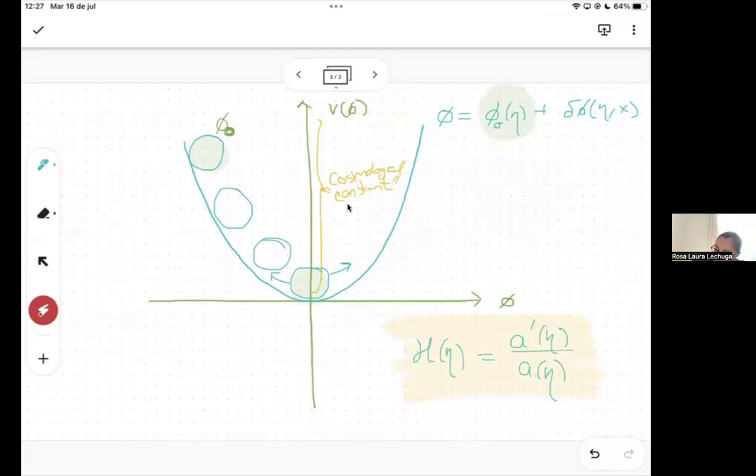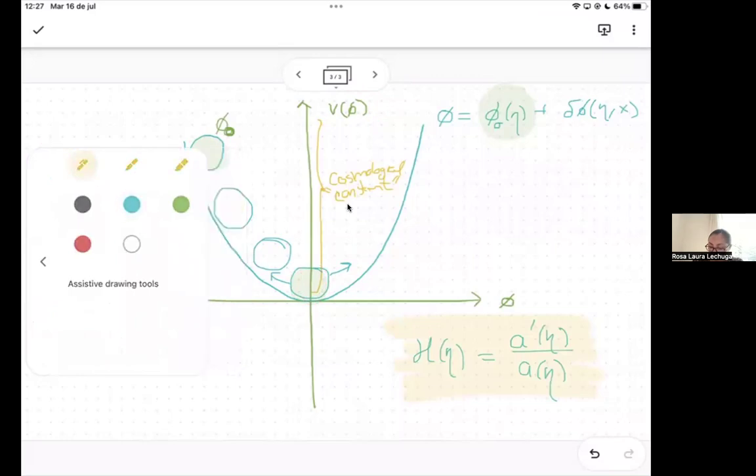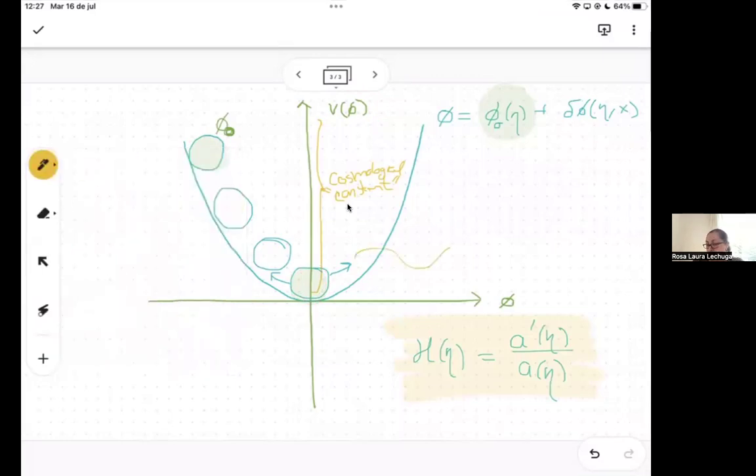And at the end of inflation, you're going to have a period in which the particle remains oscillating at the minimum of the potential. That gives us a new period that we want to study, which is the reheating. The reheating period follows this expansion.